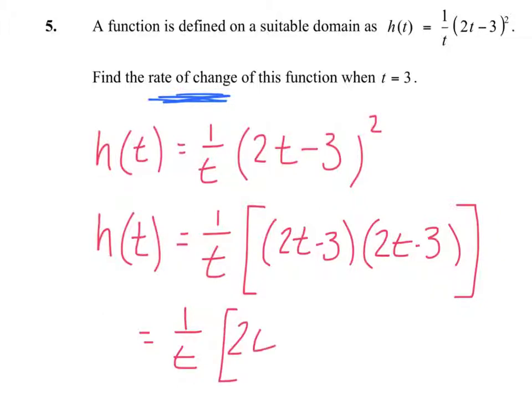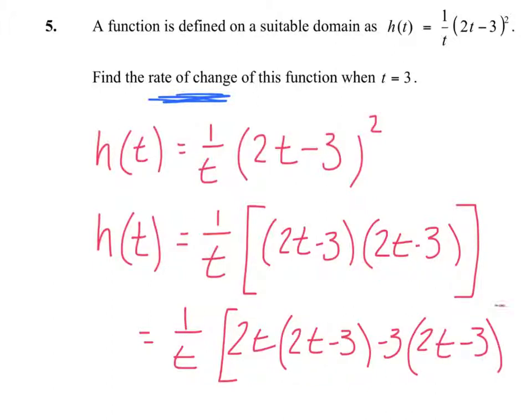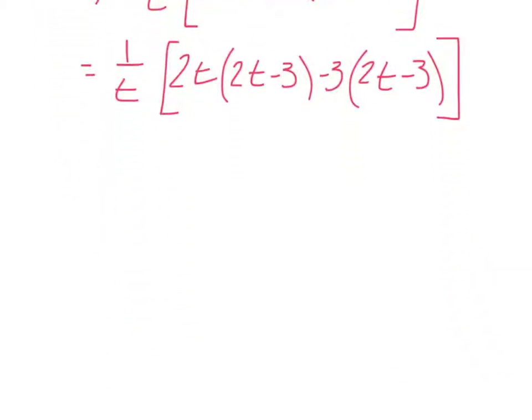So that's 2t multiplied by 2t minus 3, and then minus 3 times 2t minus 3. So we have our 1 over t out at the front. Keep that there just now. 2t times 2t is 4t squared. 2t times minus 3 is minus 6t.